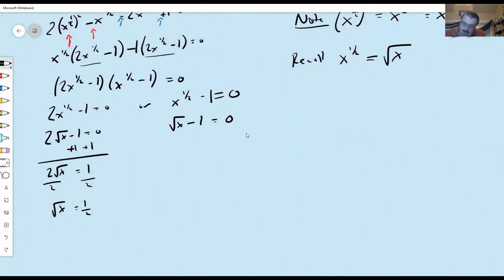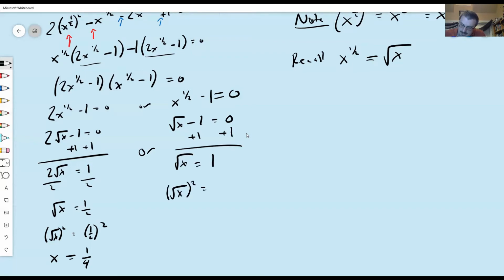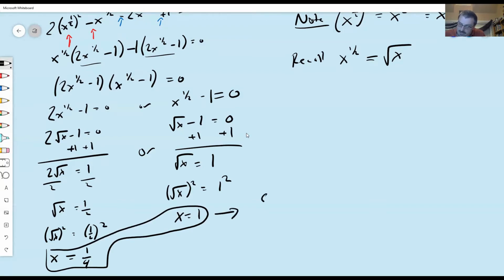And to get rid of a square root, we square. So I have x equals 1/4 for the left side. On the right side, square root of x equals 1. Square both sides. Or I could say a solution set. This is 1/4, comma, 1.